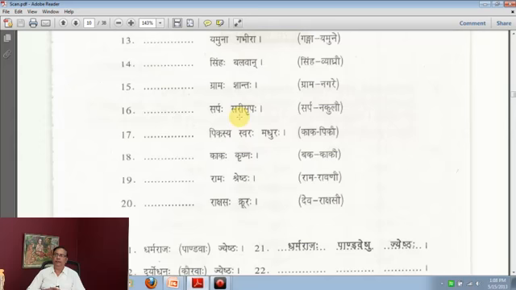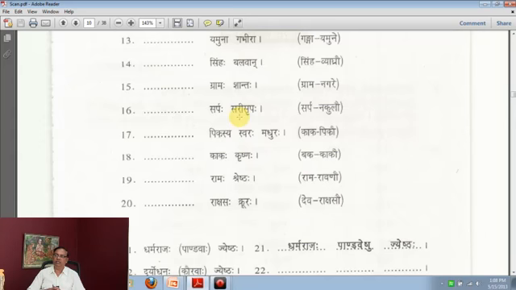Kakaha Krishnaha Pikaha Krishnaha. Ko Bhedaha Kakapikayoho. Kakaha Krishnaha Asti. A crow is black. Pikaha Krishnaha Asti. A cuckoo is also black. Ko Bhedaha. What is the difference? Kaka Pikayoho, between a crow and a cuckoo.